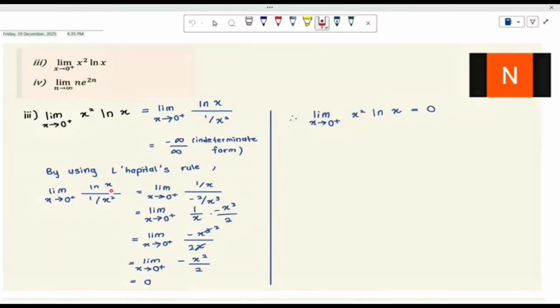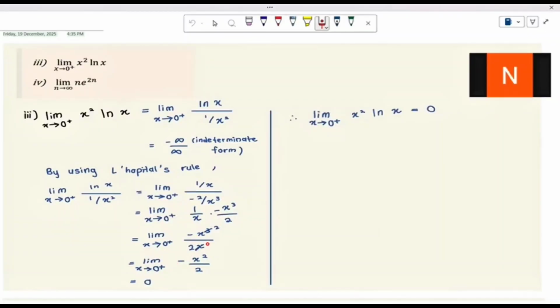First step, we have to differentiate the numerator and denominator. When we differentiate ln x, we got 1 over x, and when we differentiate 1 over x squared, we got negative 2 over x cubed. We can write it in this form to make it easier. 1 times negative x cubed, we got negative x cubed, and x times 2, we got 2x.